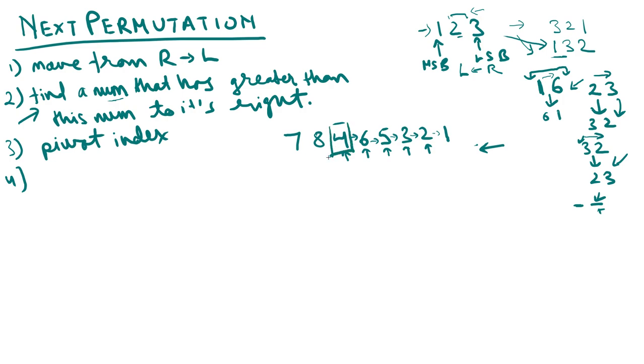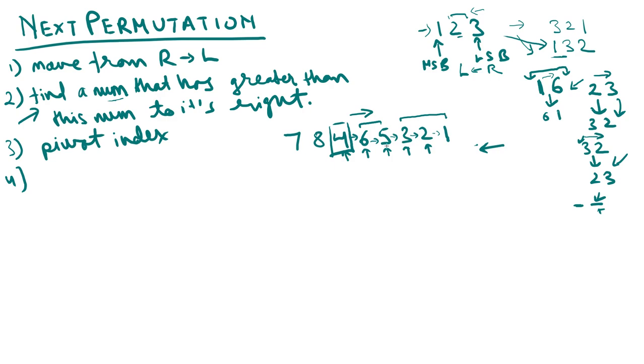And now we have to see what we have to do with this pivot index. If you look to the right of 4, you will see that there are some numbers which are greater than 4, which are 6 and 5, and then there are some numbers which are less than 4, which are 3, 2, and 1.